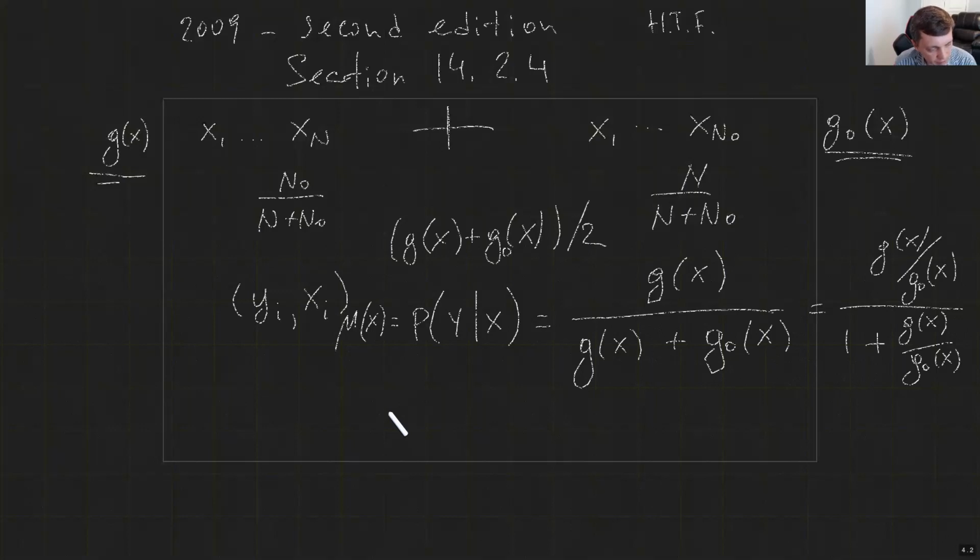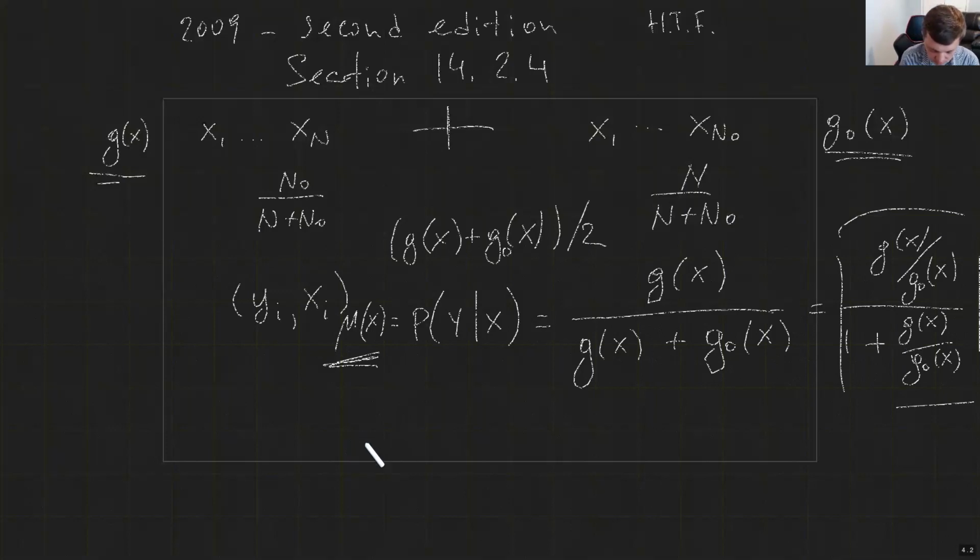But the claim is we can estimate this mu, since this is our logistic function of the posterior ratio. We can estimate this as a classifier, as a logistic regression classifier.